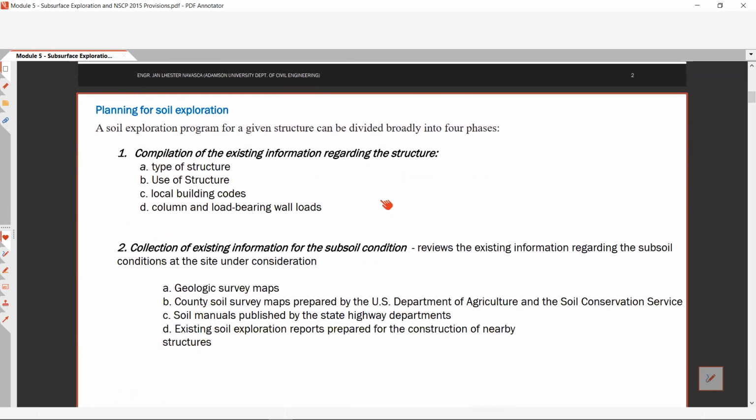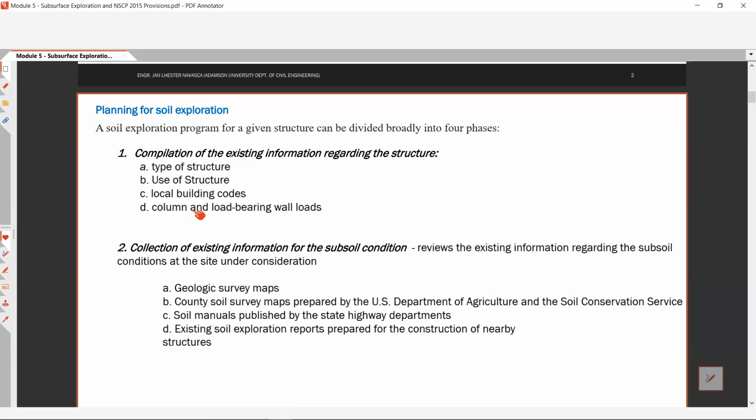We need to plan for subsoil exploration. Number one, compilation of the existing information regarding the structure, or past data. For example, what type of structure we are constructing, what is the use of the structure, and what local building codes we will use.